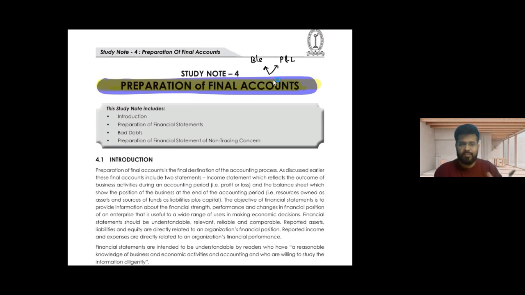That is something which we have already covered in chapter number 1. But this chapter focuses on your balance sheet and your P&L. And if there are some notes to the account, that is another part, notes to the accounts.